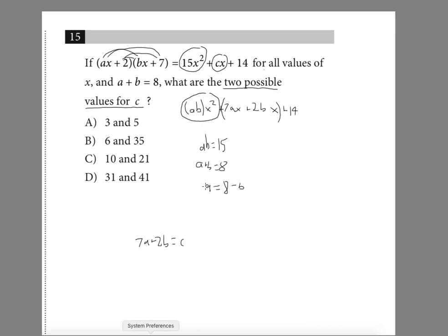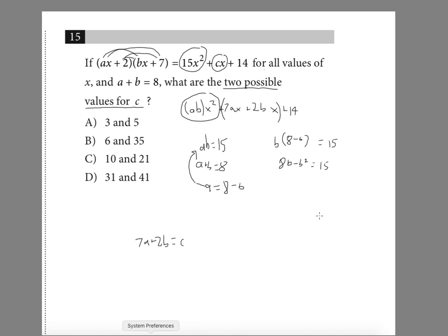Alright, we're going to plug in a back into here. So that's going to be 8 minus b times b is equal to 15. Alright, so we have 8b minus b squared is equal to 15.